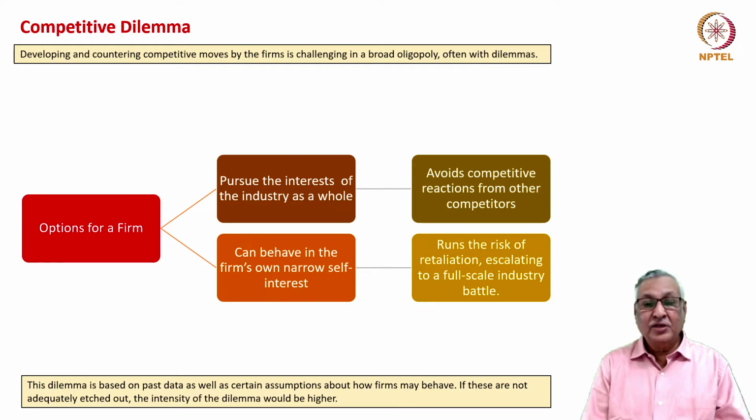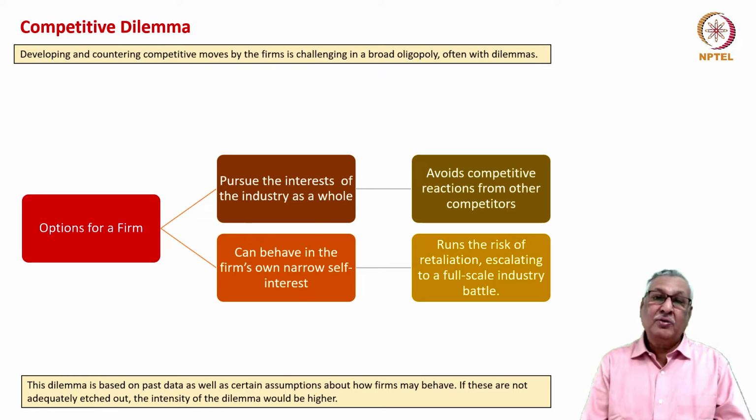Generally, if the interests of the industry are pursued as a whole within a band, the overall survival rate and growth rates for the firms tend to be higher. On the other hand, if firms all display self-interest, the competitive intensity and rivalry would be so high that the industry will eventually be harmed by themselves.